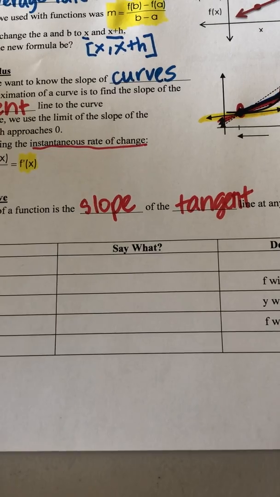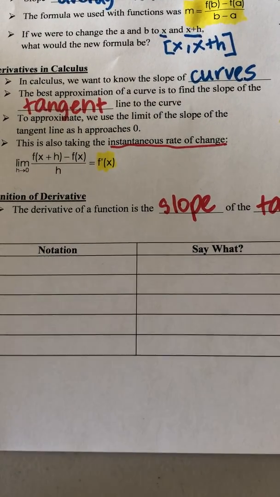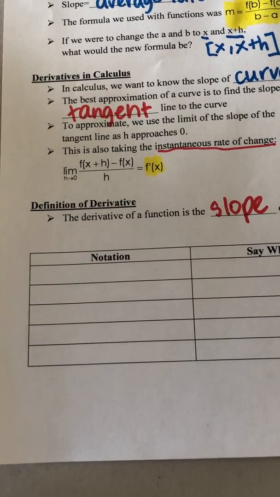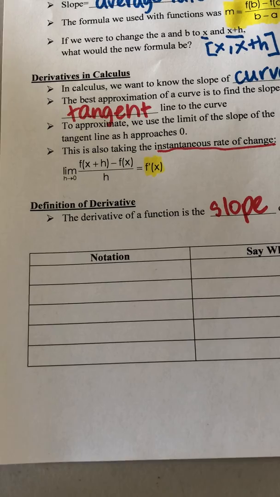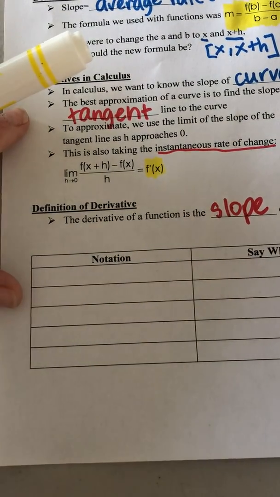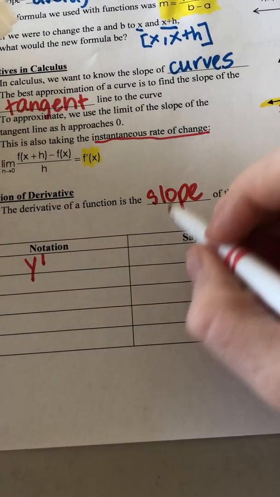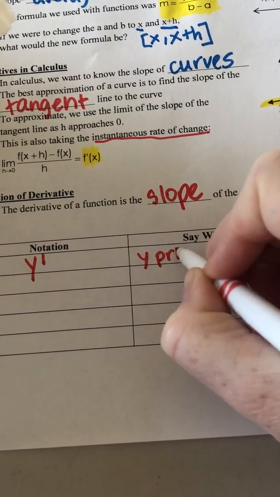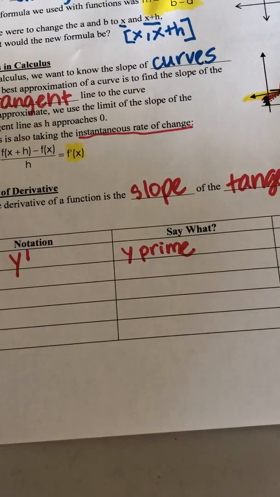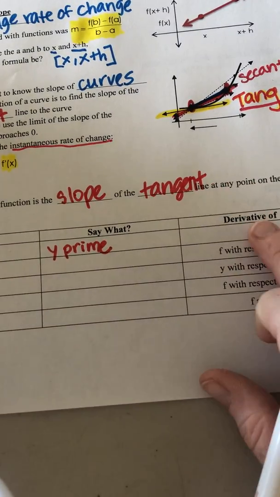And there's a lot of different ways to write derivatives. So I want you to know whenever you see a certain notation, it's all asking the same thing, okay? So, notation, y prime is a way to ask the derivative of y if you're given a y equals, okay?